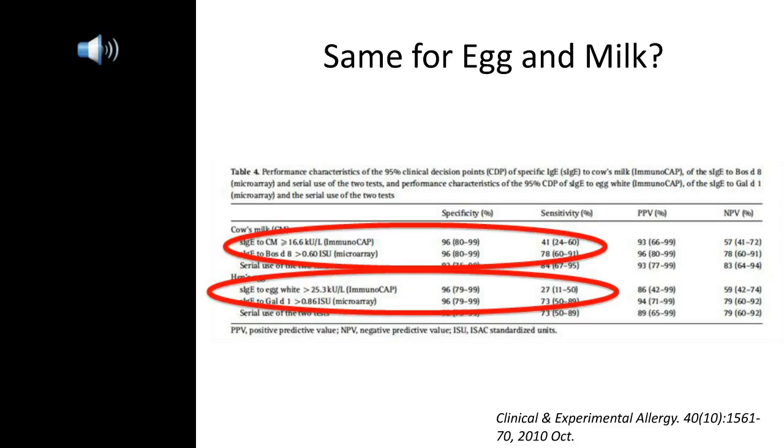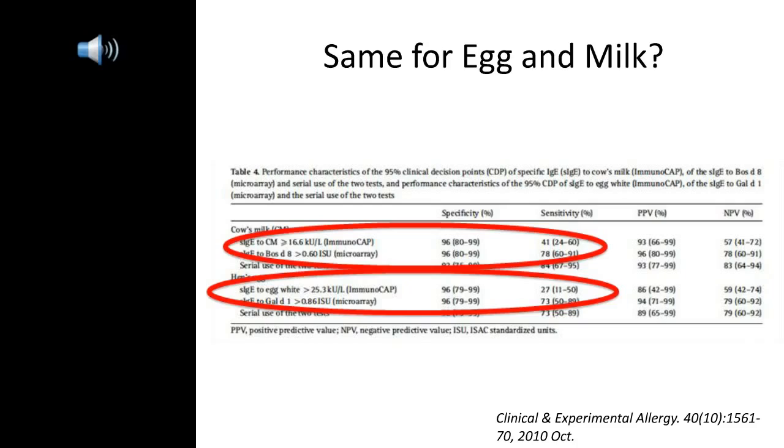So essentially, it has improved matters, but not sufficiently for it to be used as a standalone test. It definitely hasn't improved matters to the point where we can just do the test and say you can have peanut, because if you're below the cutoff, you may still be in the 20% who react to foods.